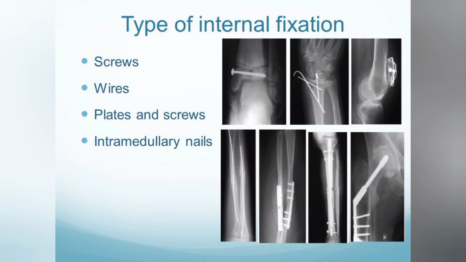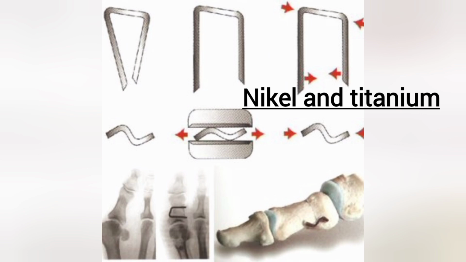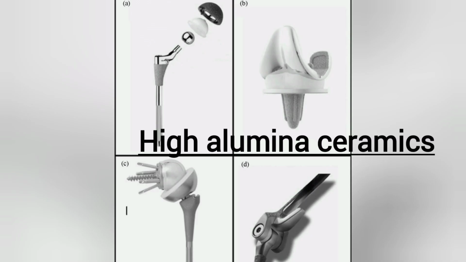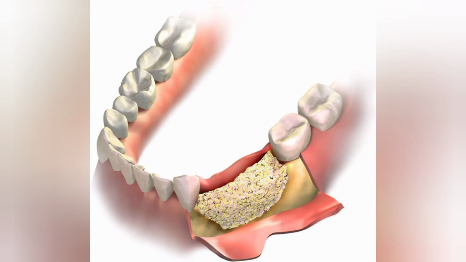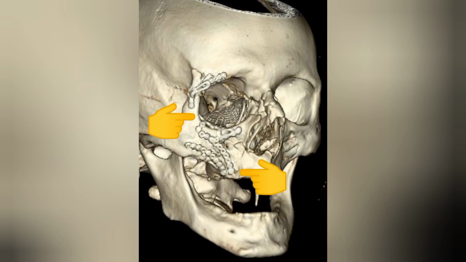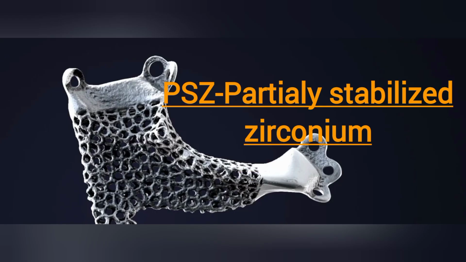Some prosthesis stems are made up of titanium alloys. Then internal fixators for long bone shafts, spinal correctors, vertebral spacers, anchoring of prosthesis and staples are made up of nickel and titanium. Then orthopedic load bearing applications are made up of high alumina ceramics. Then alveolar ridge augmentations, otolaryngological coatings for tissue ingrowth, maxillofacial reconstructions are mainly made up of partially stabilized zirconium.